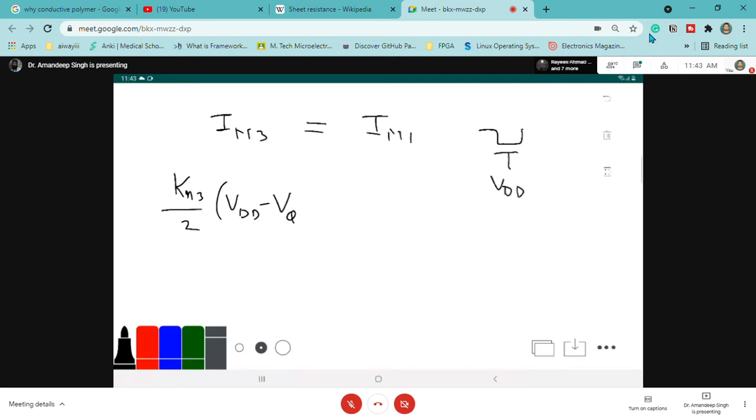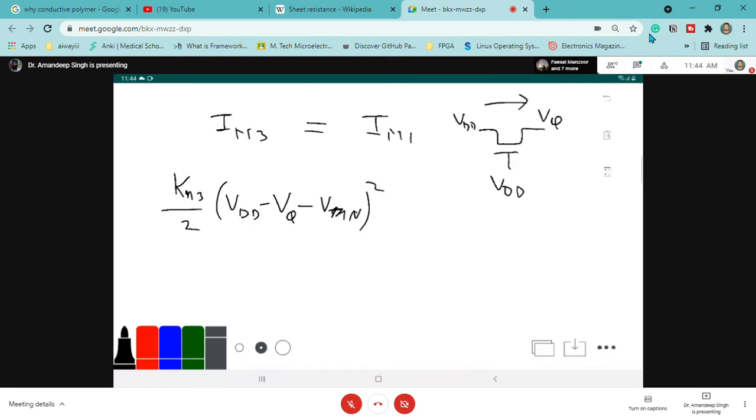Why? Because this is the word line, and the word line is turned on. This is our VQ, because the current is flowing in this direction. So this is (VDD minus VQ minus V threshold of N) whole square. I'm writing N here because this is NMOS.